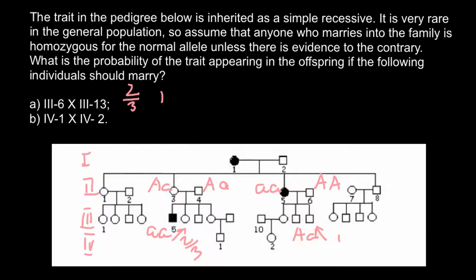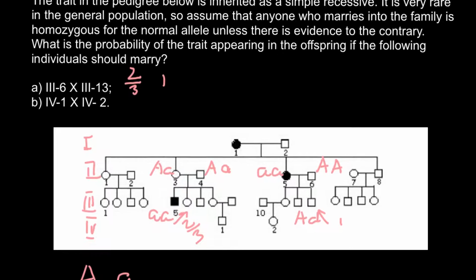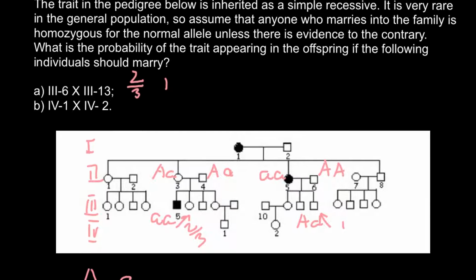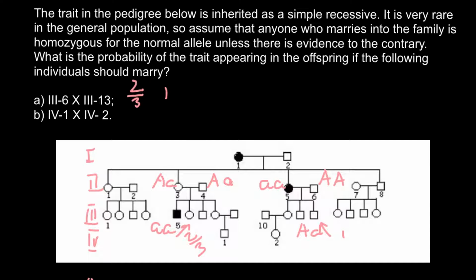And if this couple would have a child, the probability that 2 heterozygous parents would have an affected child would be 1/4. So 1 out of 4 would be the probability if 2 heterozygous parents would have children. This would be the probability that the child would be affected. So we have to add this probability also, 1/4.